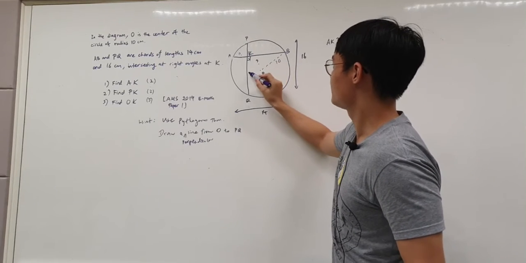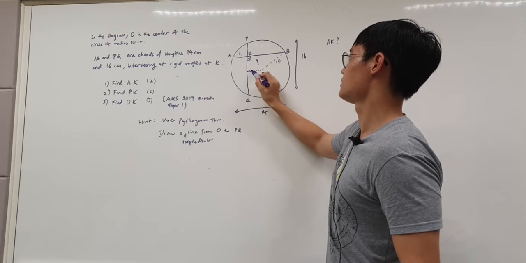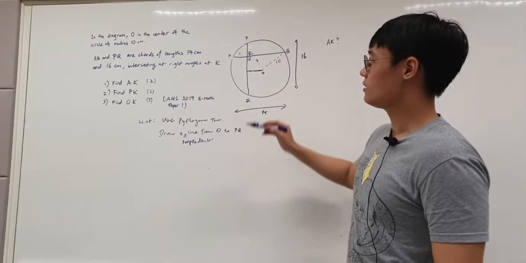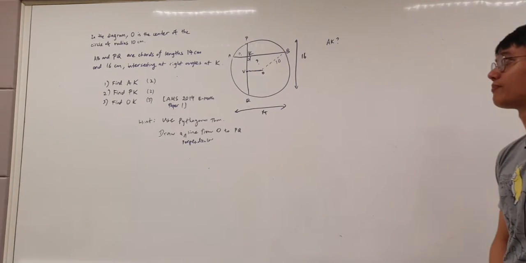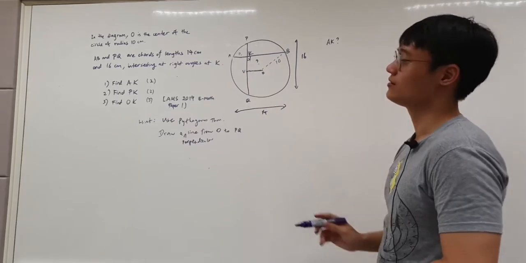How do we do that? Let's just draw first. Draw O to PQ. So this is the line. Now say this point is V over here. How do we get AK from here?